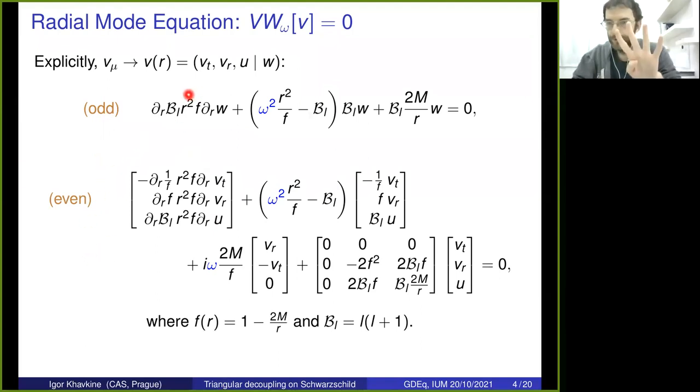There are 4 components for a vector field in 4 dimensions, so I get a 1 by 1 odd subsector and a 3 by 3 even subsector. This equation is pretty much in Sturm-Liouville form, but this 3 by 3 system is definitely not in this desired upper triangular form. It looks complicated, so it's not clear what we can do with it without having this upper triangular form to work with.